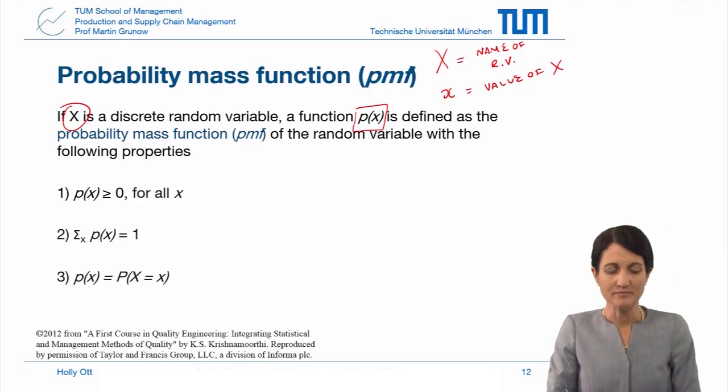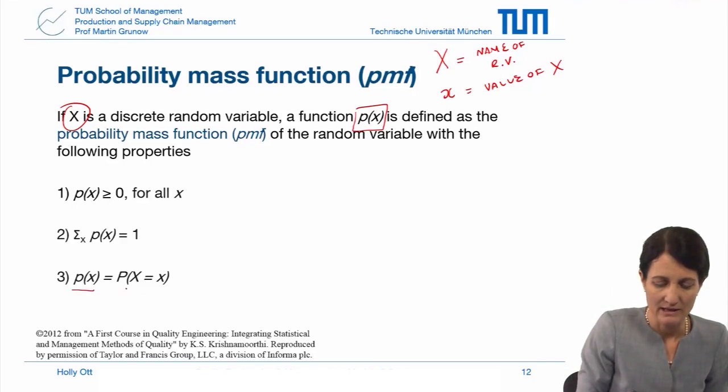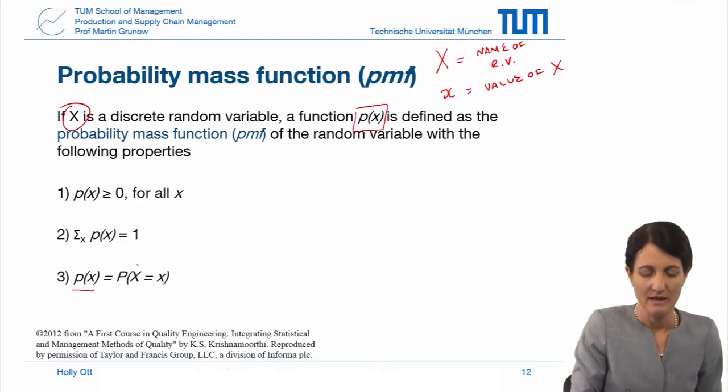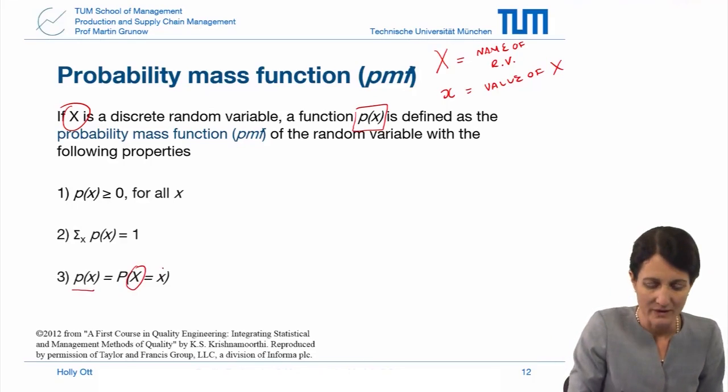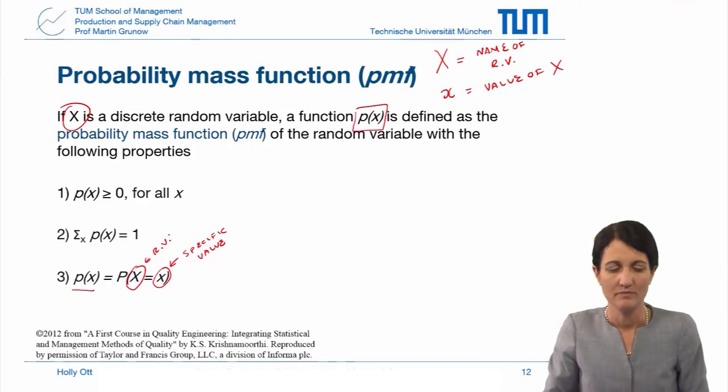And finally, p of x is equivalent to the probability that our random variable X will be equal to some specific value of x. This is our random variable. So we'll look at an example in a minute.